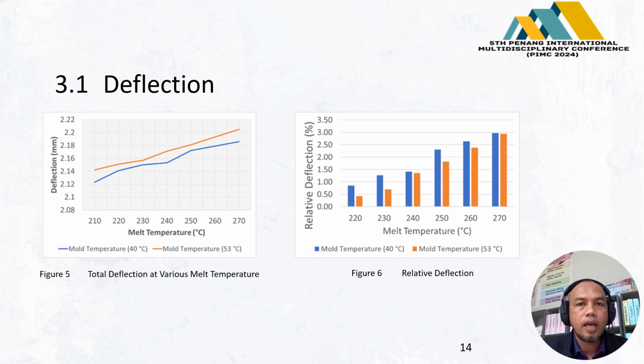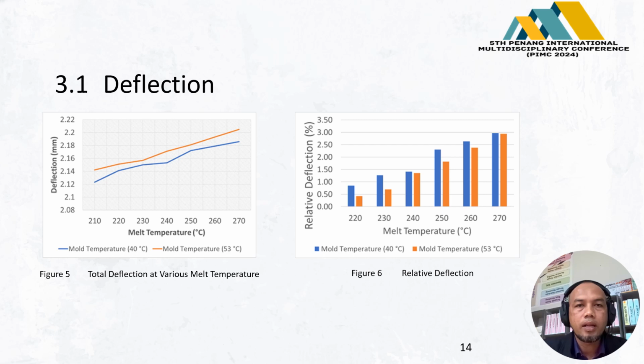The results indicate that deflection increases linearly with higher melt temperature for both mold temperatures. At 40 degrees Celsius mold temperature, deflection remained consistently lower across all tested melt temperatures compared to 53 degrees Celsius.